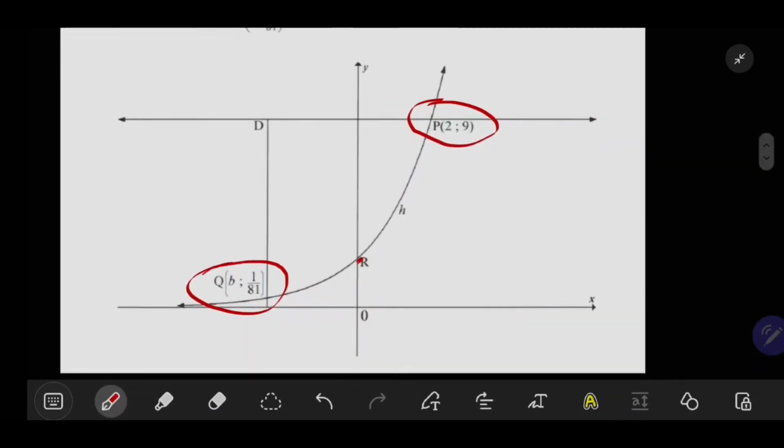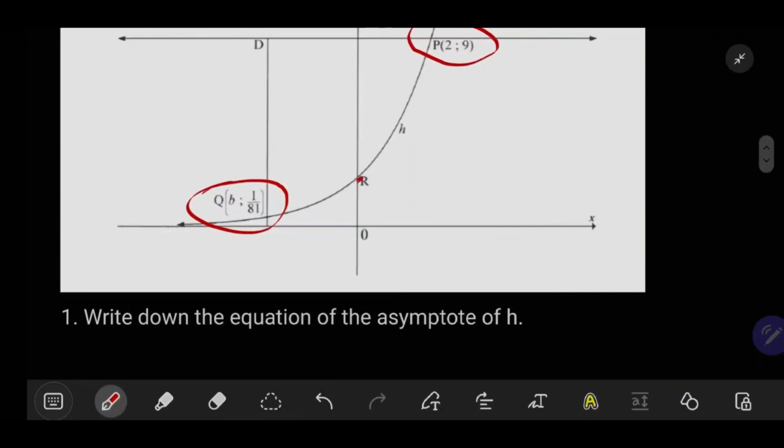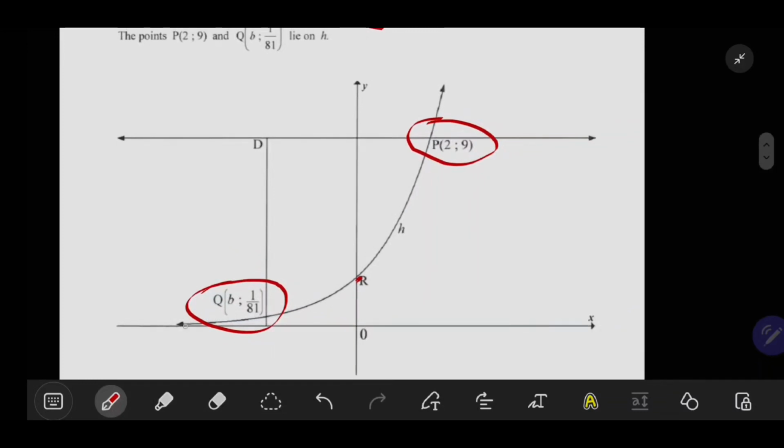Then when we go to our questions, they say write down the equation of the asymptote of h. They want to know the asymptote of this graph. When you look at this graph, it is approaching this line here, and this side is increasing.